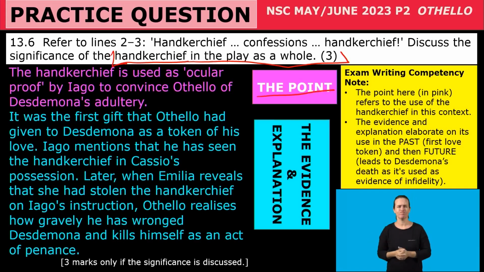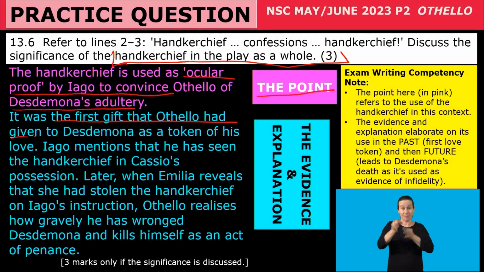The handkerchief is used as an ocular proof by Iago to convince Othello of Desdemona's adultery. So it's ocular proof by Iago that convinces Othello of Desdemona's adultery. The evidence and the explanation. It was the first gift that Othello had given to Desdemona as a token of his love.